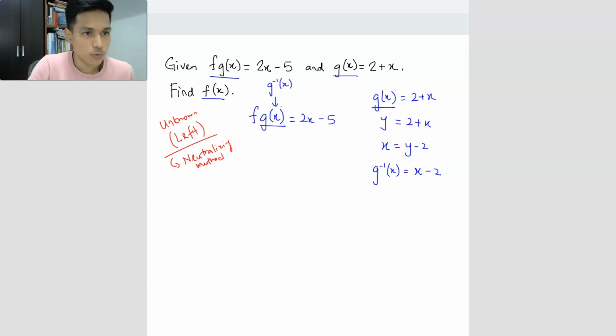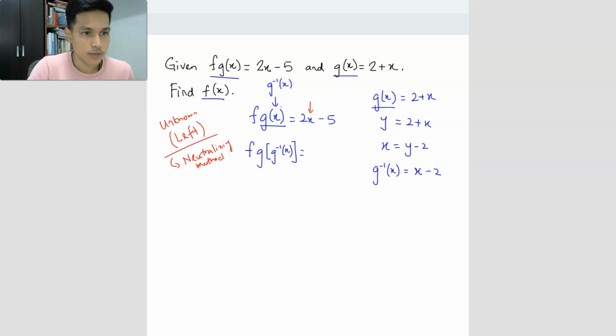Okay, so we got fg(x) here, so we're going to substitute g inverse like this. Okay, let me use a different color. This x here is going to become g inverse. So that means you're going to substitute the g inverse into this function.